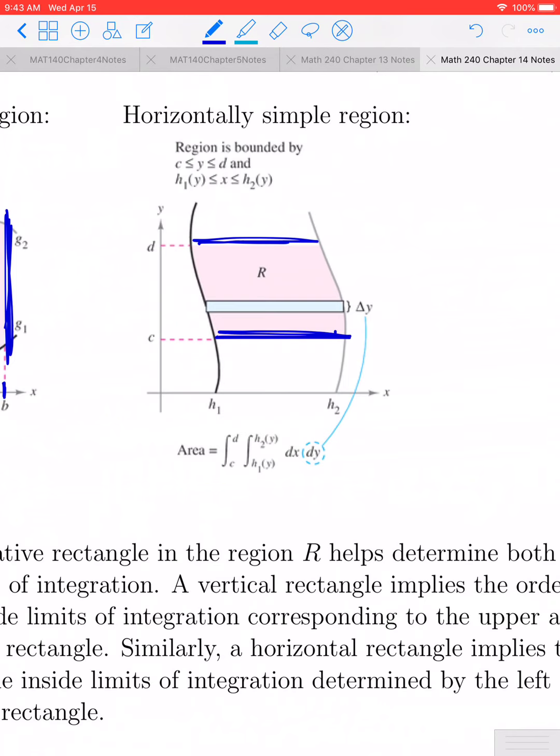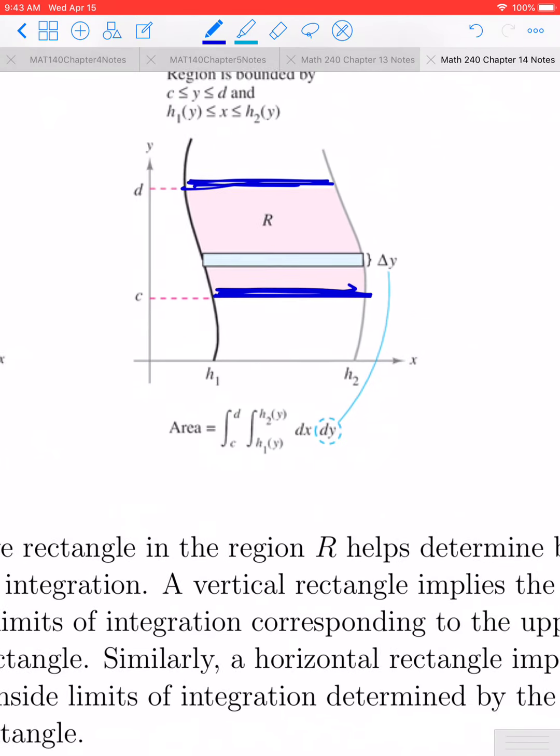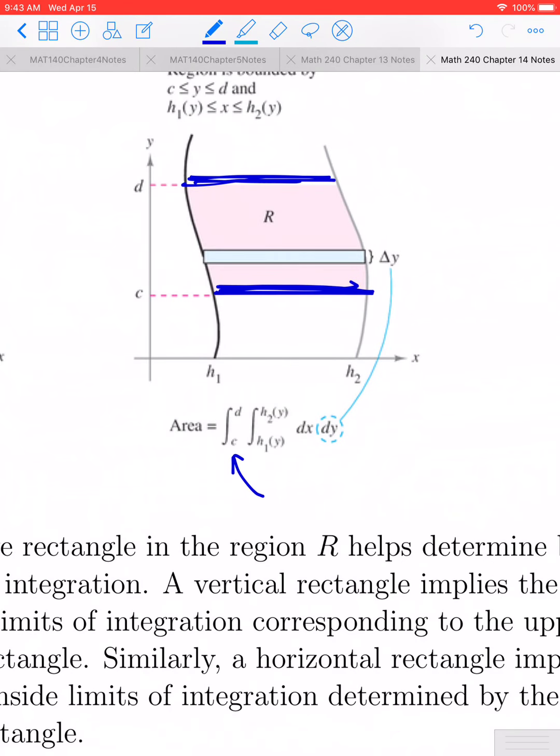On the other hand, if it's a horizontally simple region, then the things that are constants bounding stuff are the lines y equals c and y equals d, and once again that would be the outermost part of our iterated integral, which means that the order of integration is going to be dx dy.